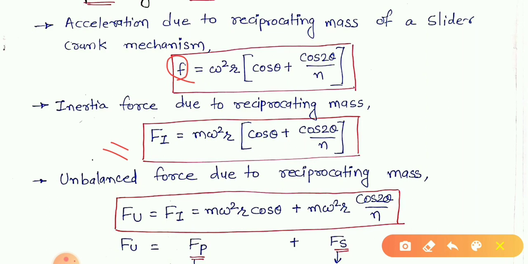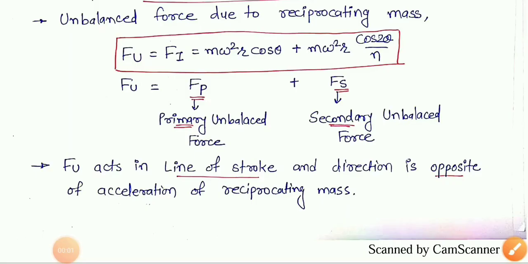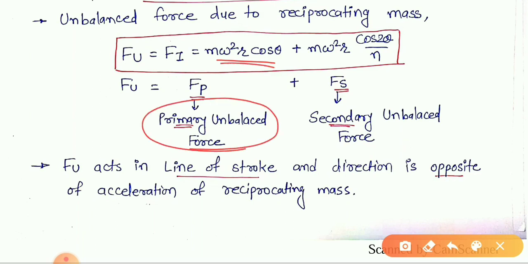Here the unbalanced force Fu is equal to Fi. The inertia force is equal to the unbalanced force. The first part of the inertia force is called the primary unbalanced force, and the second part is called the secondary unbalanced force.